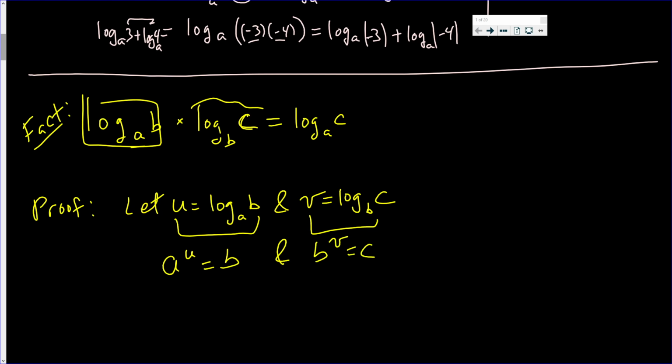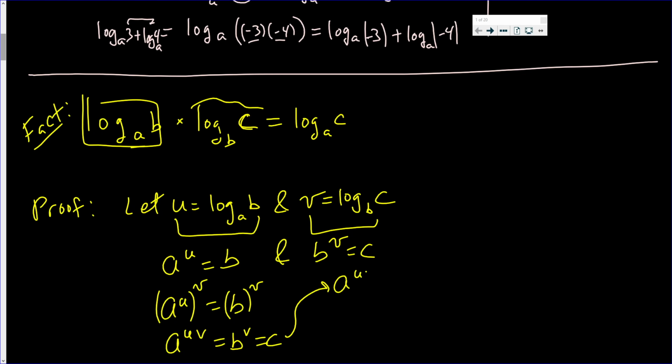But somehow I want to get a and c connected. So what I'm going to do is raise both sides of the first equation to the v power, because then I'll get a to the uv equals b to the v, which is c. That is, a to the uv is c.